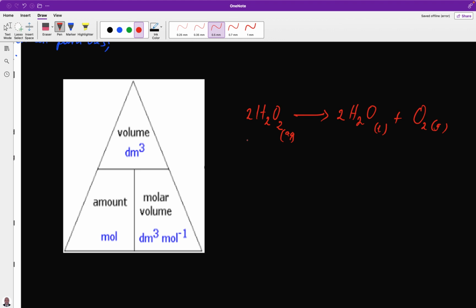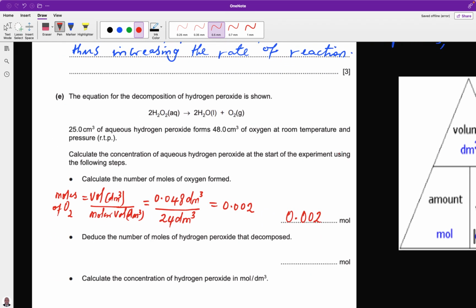Now here, 2 moles of hydrogen peroxide will give 1 mole of oxygen. Then how many moles of hydrogen peroxide will be needed to produce the number of moles of oxygen that we have calculated? Let's get back there.